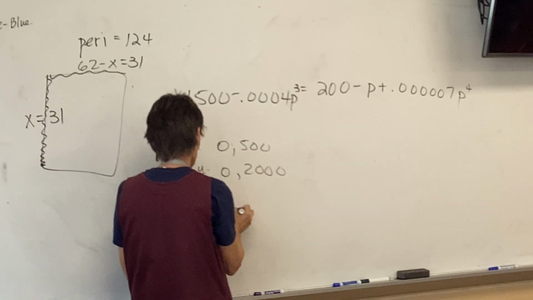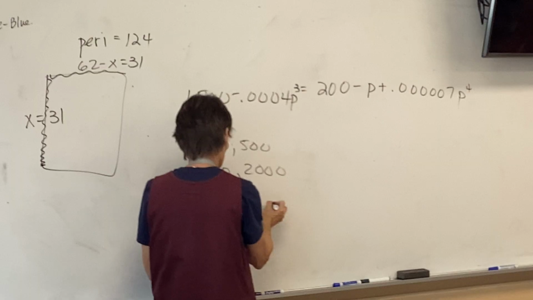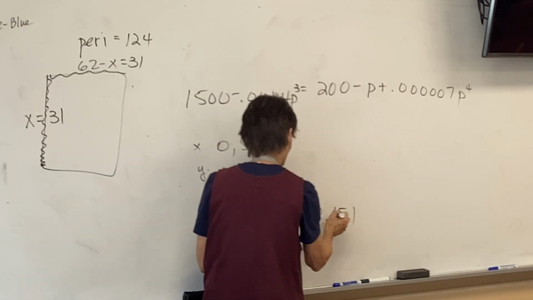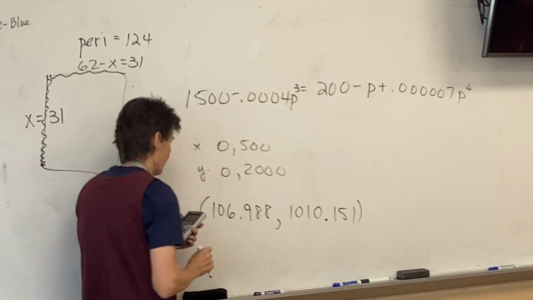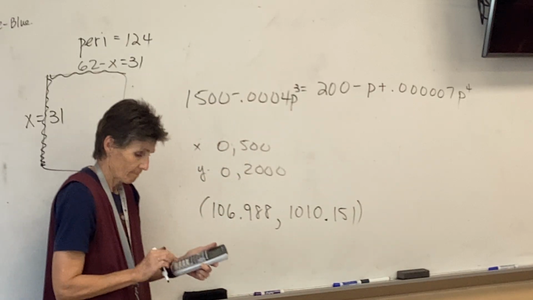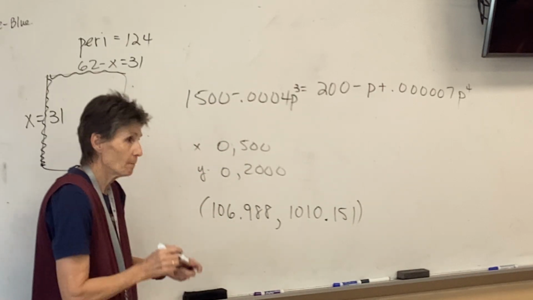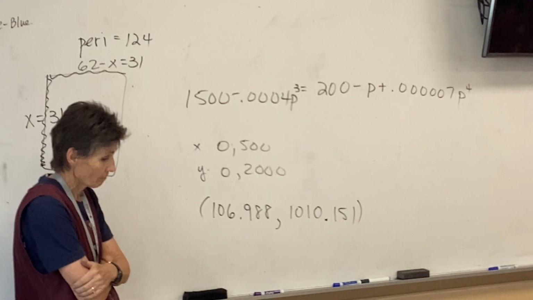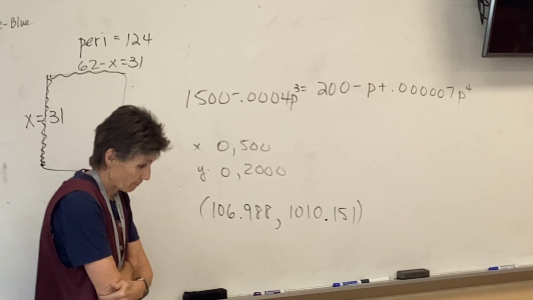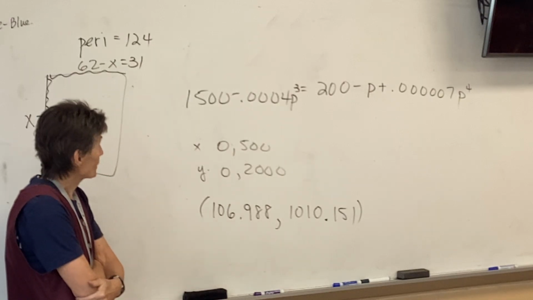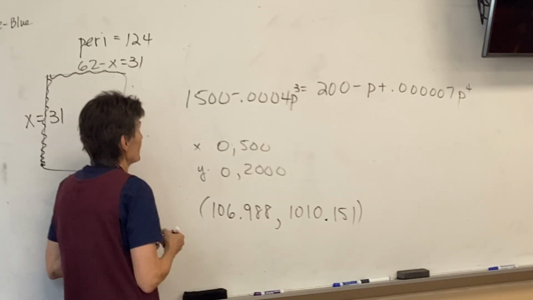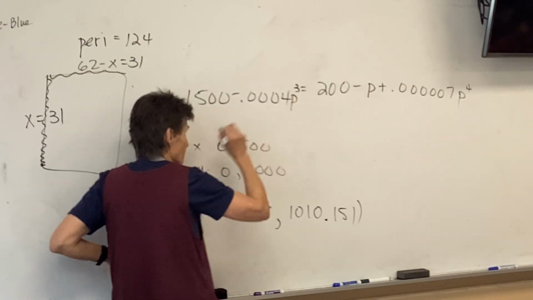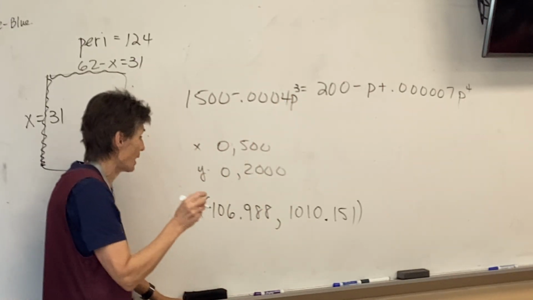And the intersection is this. Jimmy, what do you got? Now remember, when we put in our x, x was price.